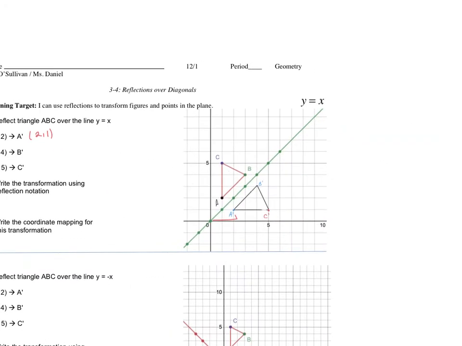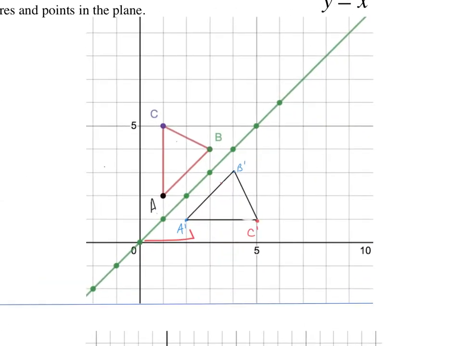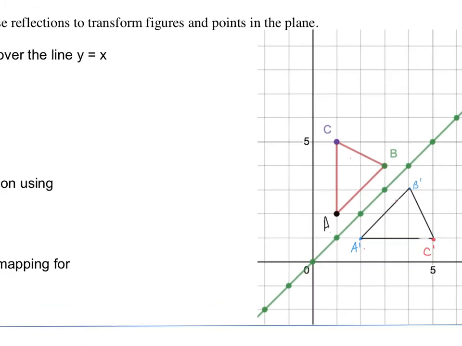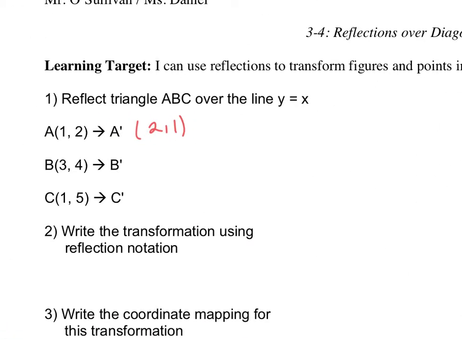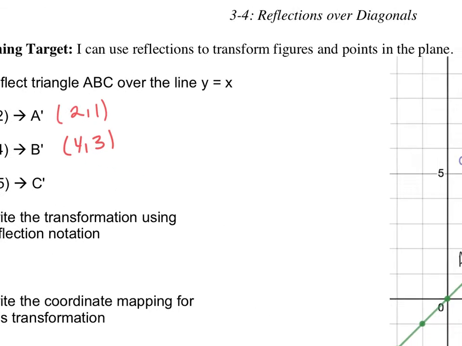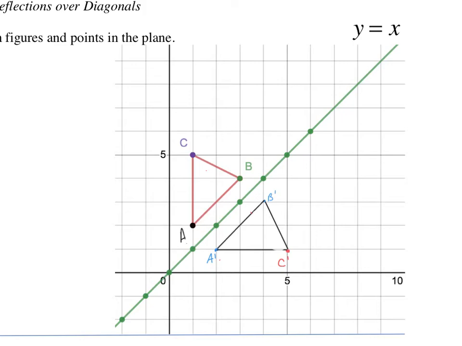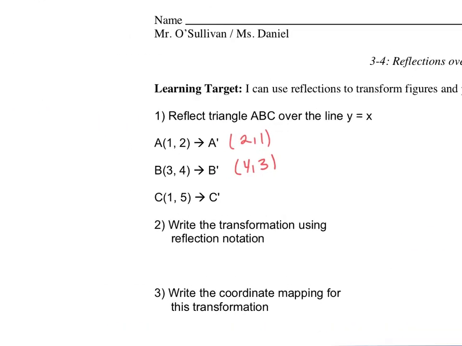If I look at B prime, I go out 1, 2, 3, 4, and I go up 1, 2, 3. So B prime is (4, 3). And C prime is 1, 2, 3, 4, 5, and then I go up 1, so (5, 1).